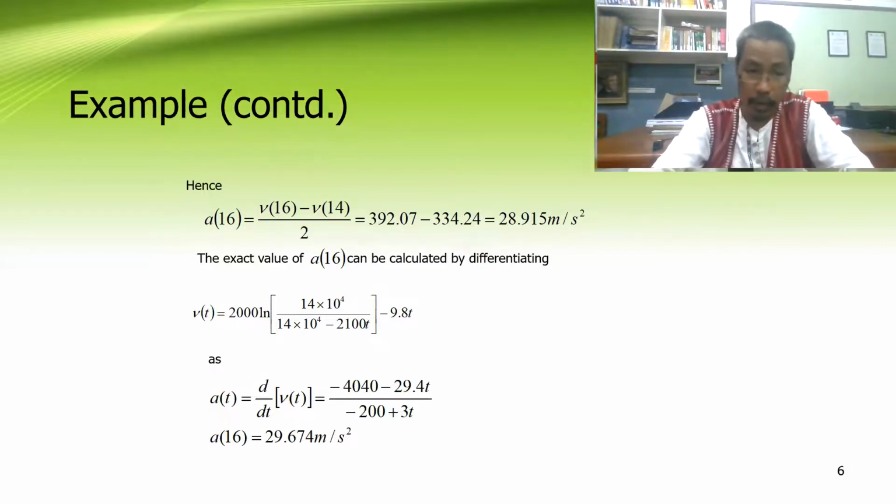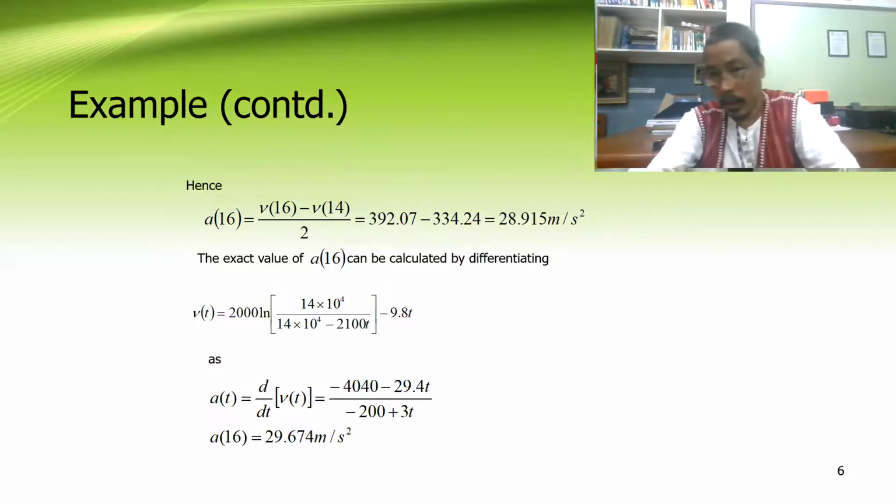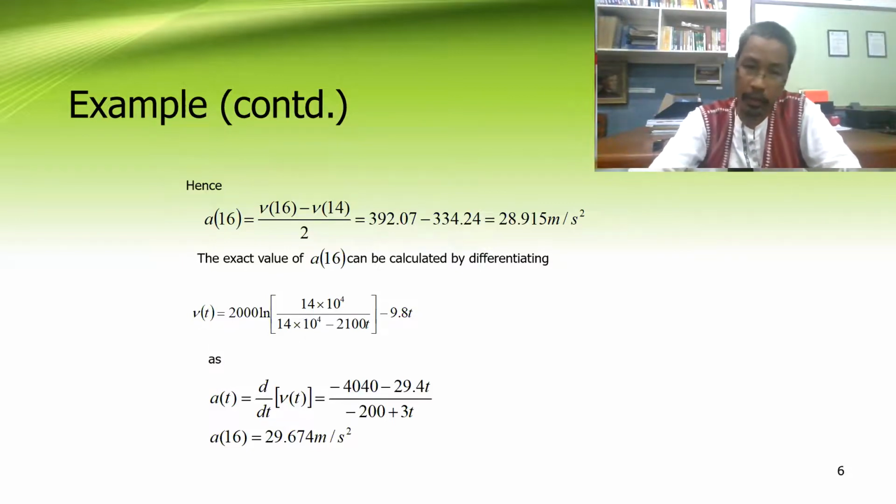Therefore, we can solve for acceleration at 16 seconds. So if we do that, we can find out the acceleration at 16 seconds is equal to 28.915. This is the value if we are looking at backward divided difference. Okay?